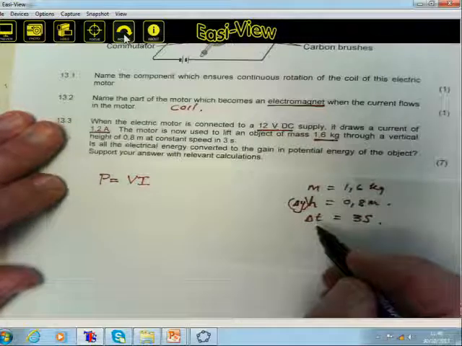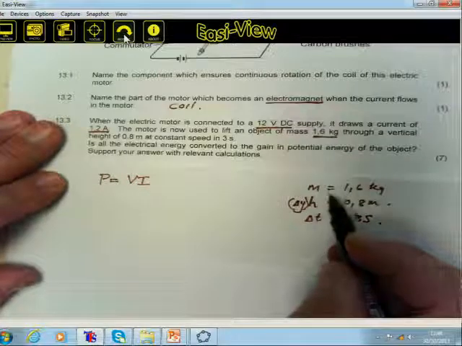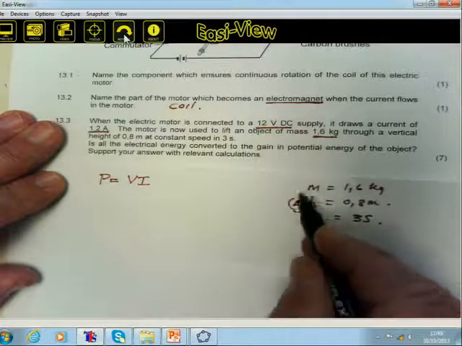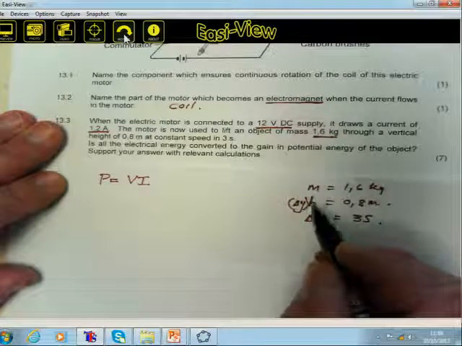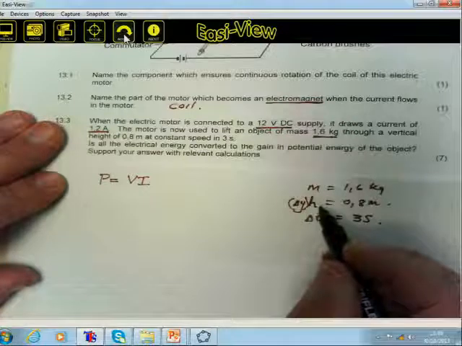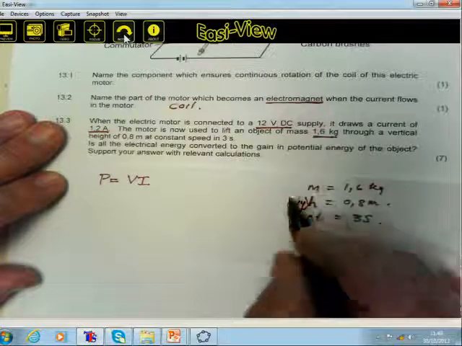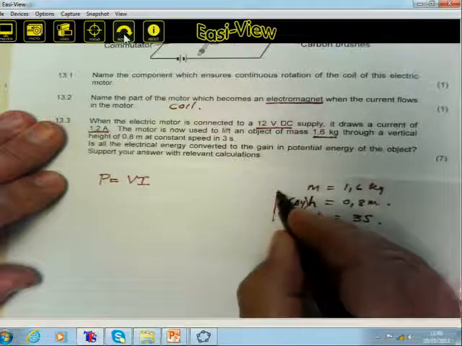You can calculate the power needed to do this job, to lift the mass of 1,6 kilogram through a height of 0,8 meters.